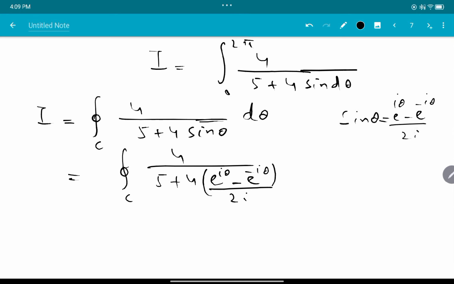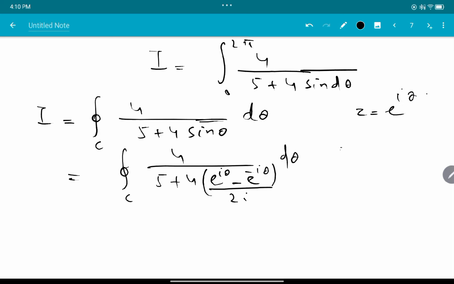I can do one thing here: I substitute z is equal to e raised to I theta.